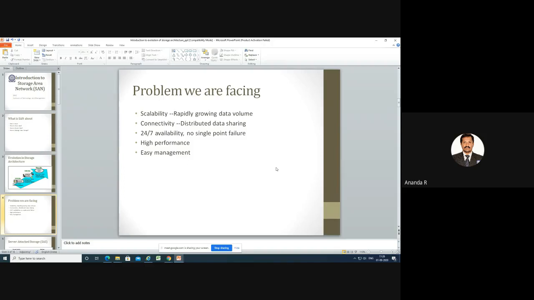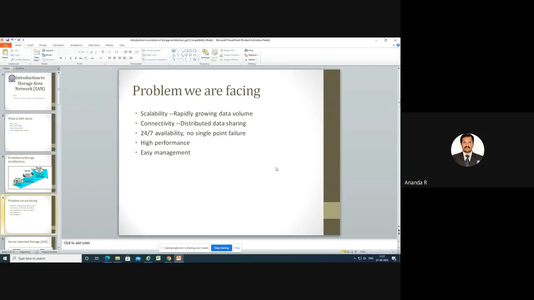The problems we are facing in our computer systems are, first, scalability. Then the second is connectivity, the next one is 24/7 availability, then high performance, and the last one is easy management. We have listed these 5 different kinds of problems, which are very important, very major problems. So scalability, connectivity, availability, high performance, and easy management.